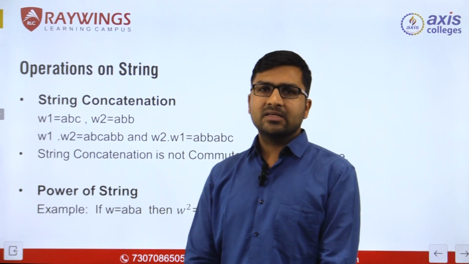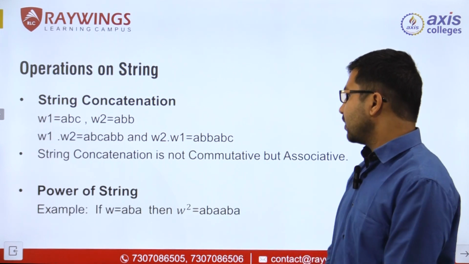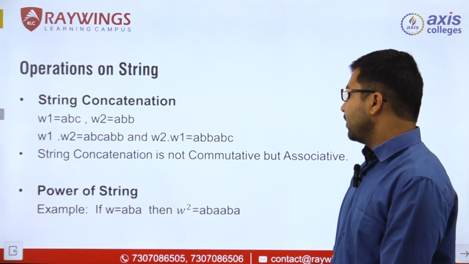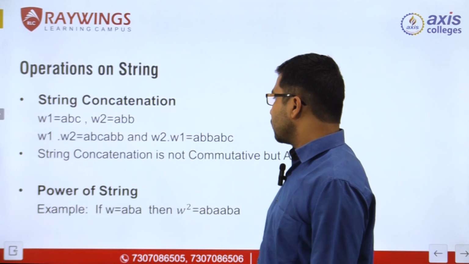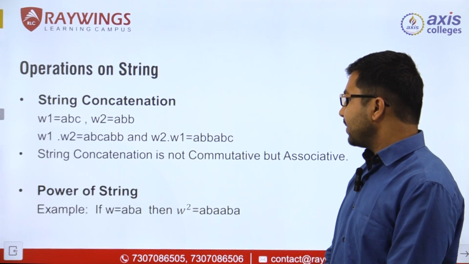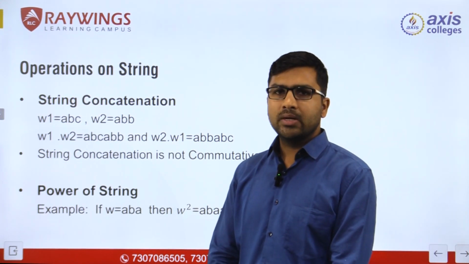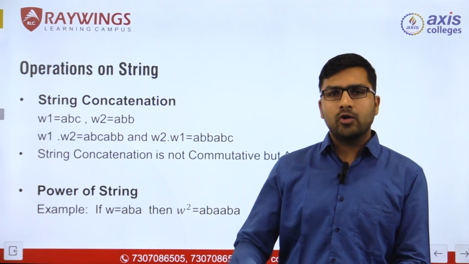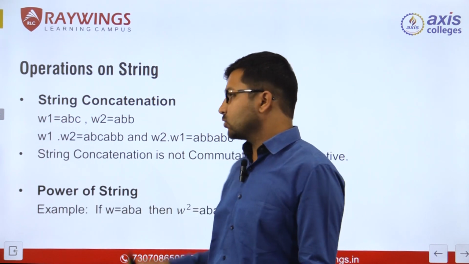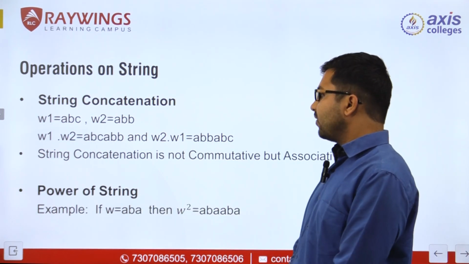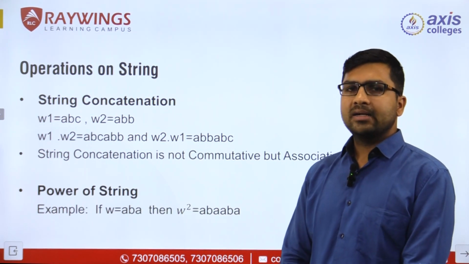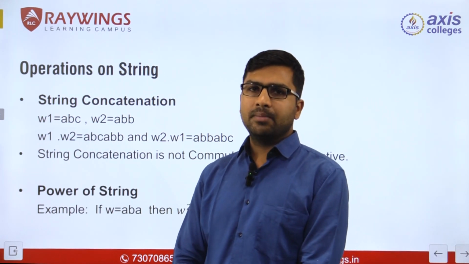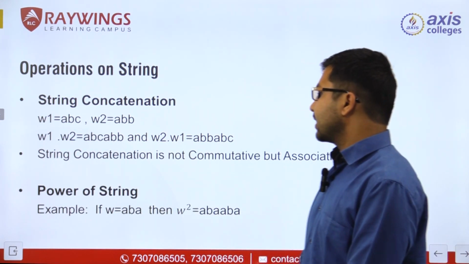String concatenation follows the associative property but not the commutative property. Means w1 dot w2 is not the same as w2 dot w1, but w1 dot w2 dot w3 equals w1 dot (w2 dot w3).